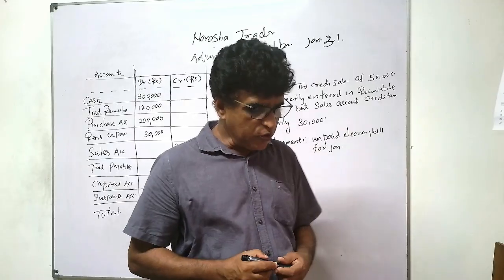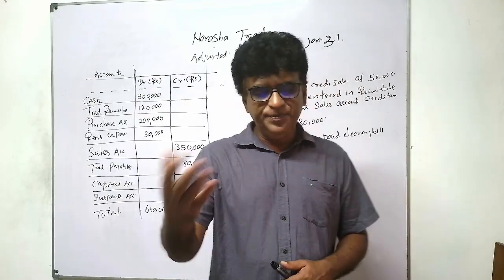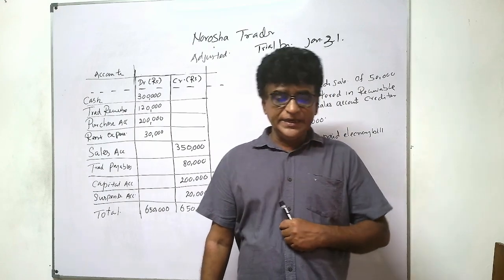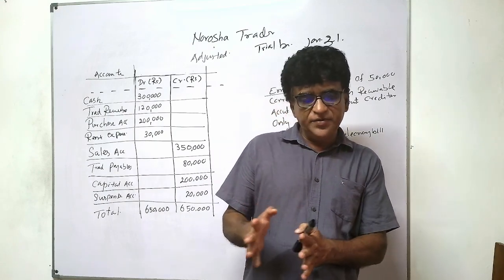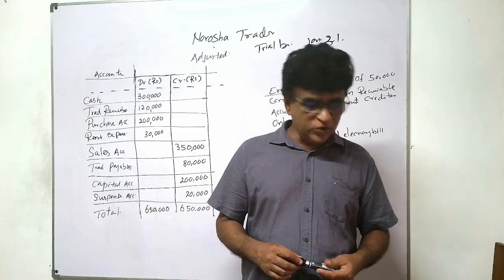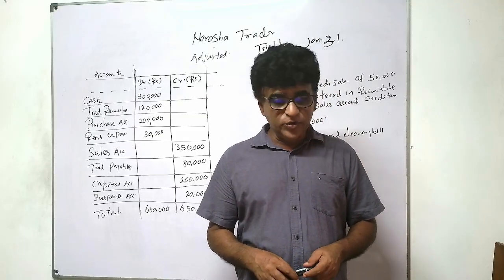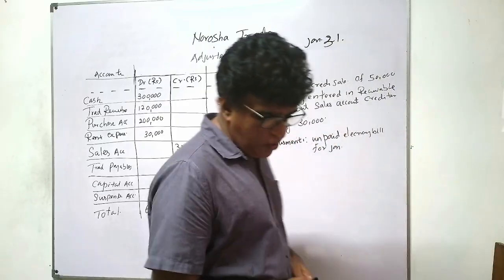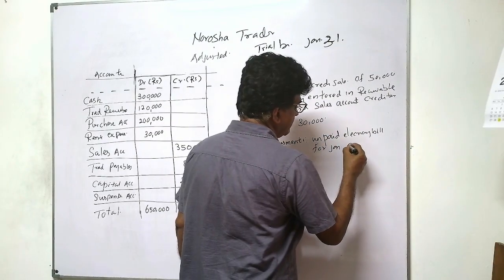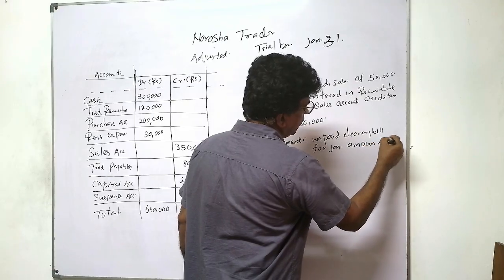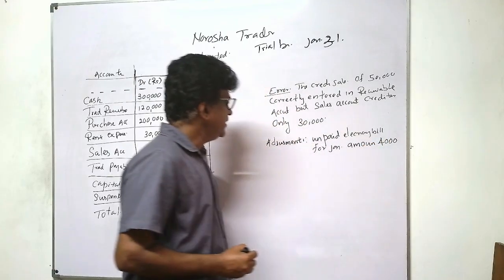This is an accrued payment, right? Normally the bill is received after the billing period. The January electricity bill we receive in February, right? Then this is an accrued expense. In accrued expense, we have to enter the unpaid electricity bill for January. Amount is 4,000 rupees. You note this down, right?